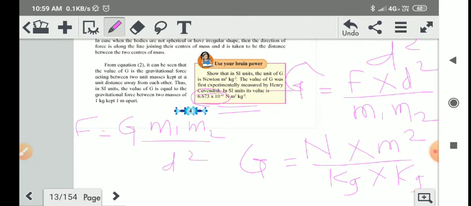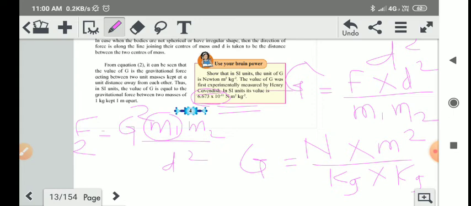Now if we double the mass of any one object, suppose we double the mass of the first object, here we have to write 2 m1 into m2, then we have to multiply the left side by 2, so force also becomes double.